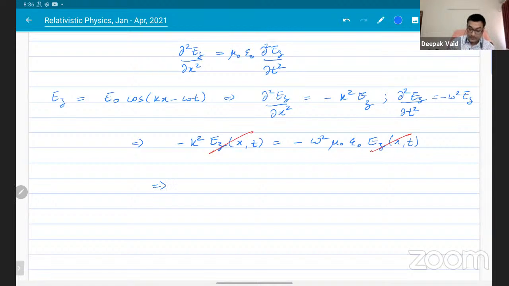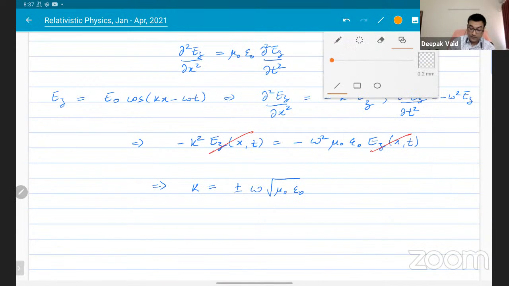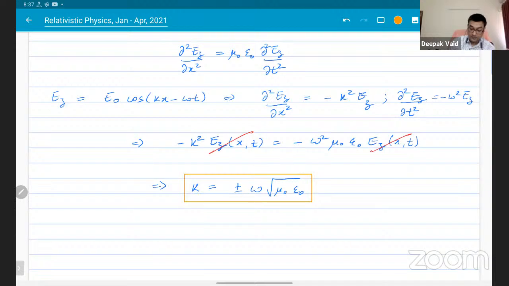I'm left with this expression, which gives me the dispersion relation, right? Which tells me that k is equal to plus or minus omega root of mu naught epsilon naught.